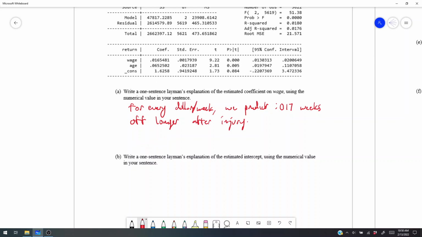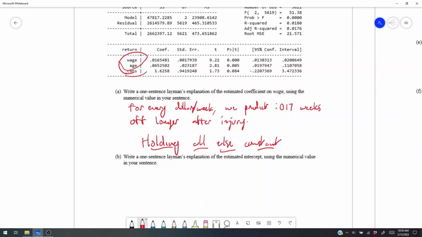No, no, no. Don't forget, this is a multiple regression now, and so I have to say holding all else constant. Very important. Underline those.